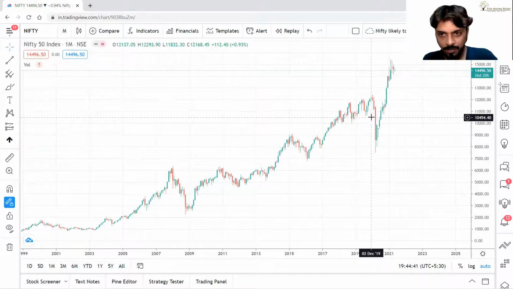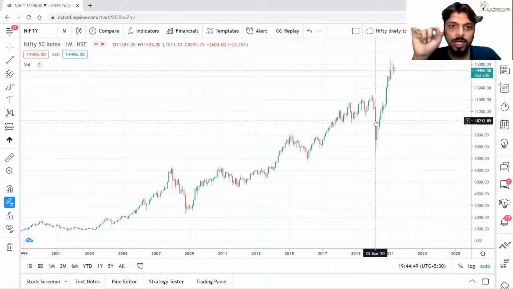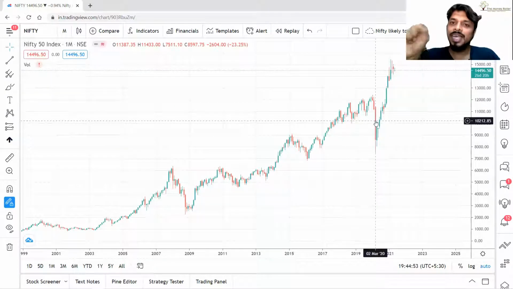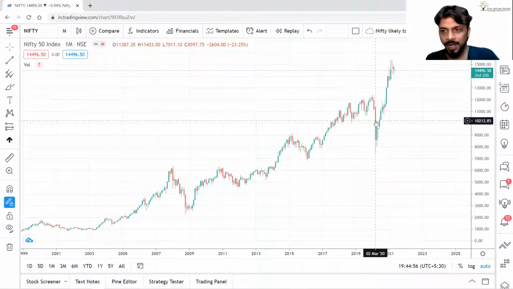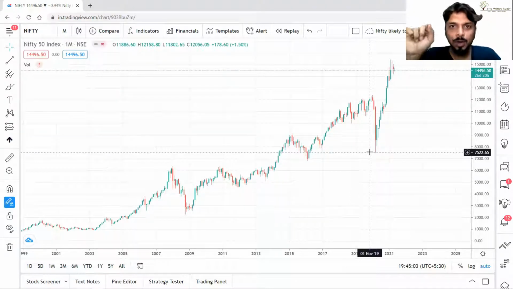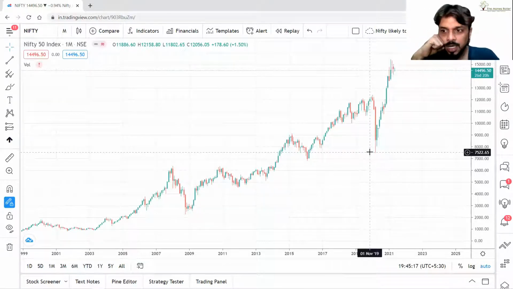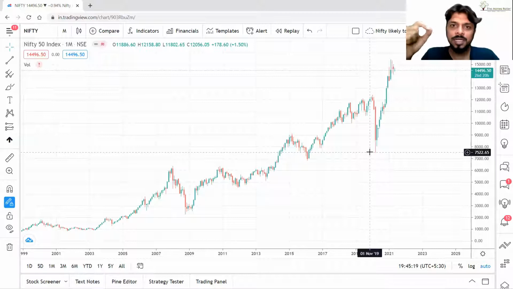That means roundabout from 12,000, on the closing basis we were at 8,500. And if we take the lowest point, we were at 7,500. So almost 33% or just more than 33% downfall. Getting my point? On the closing basis it is below 33%, but let's take it as 33%.